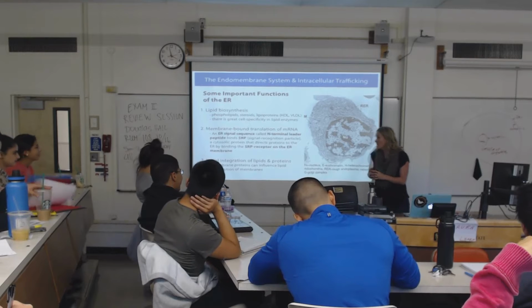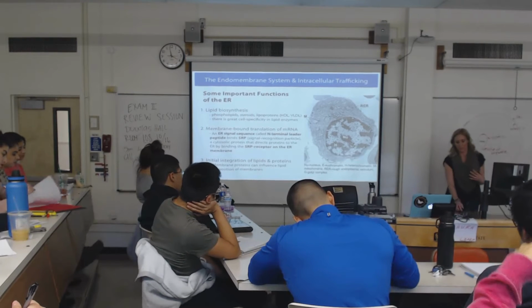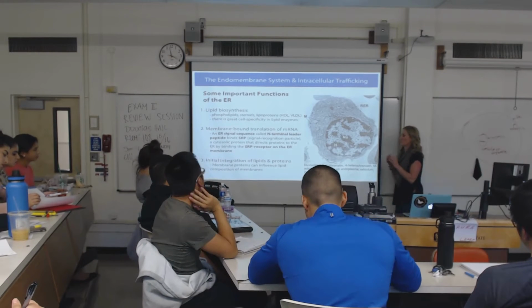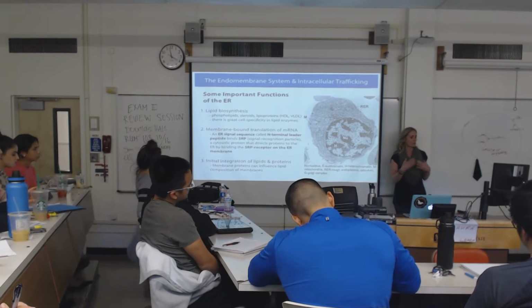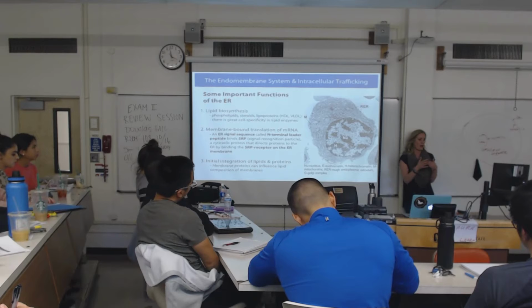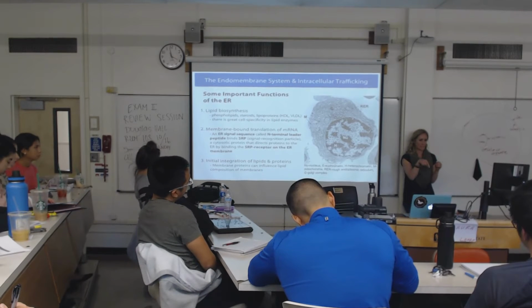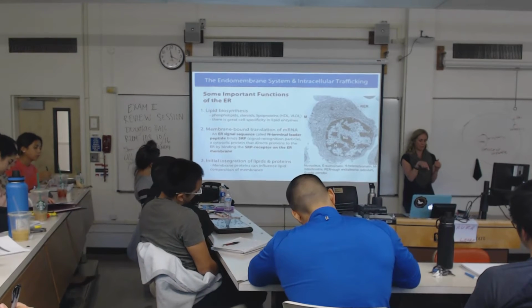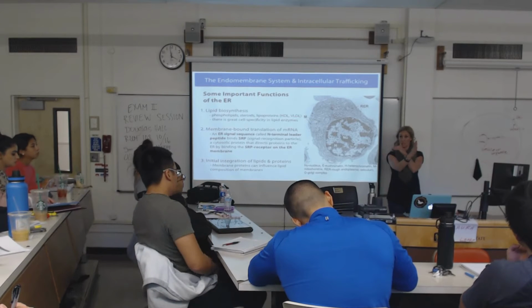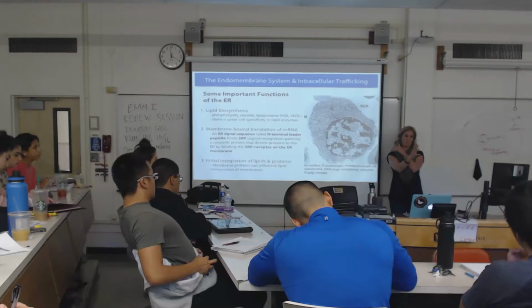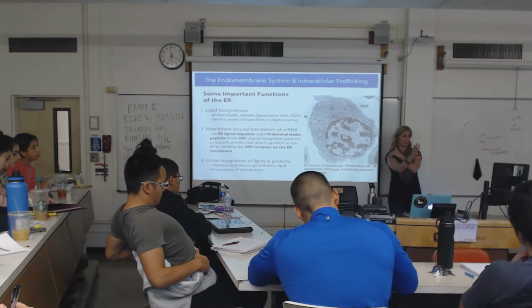The other thing that happens in the ER, you get initial integration of lipids and proteins into the membrane. So if you have a transmembrane protein that's being translated onto the bound ribosome, it moves through the protein translocator, and that protein translocator is what initially embeds it into the membrane. It never leaves the membrane from there on out.